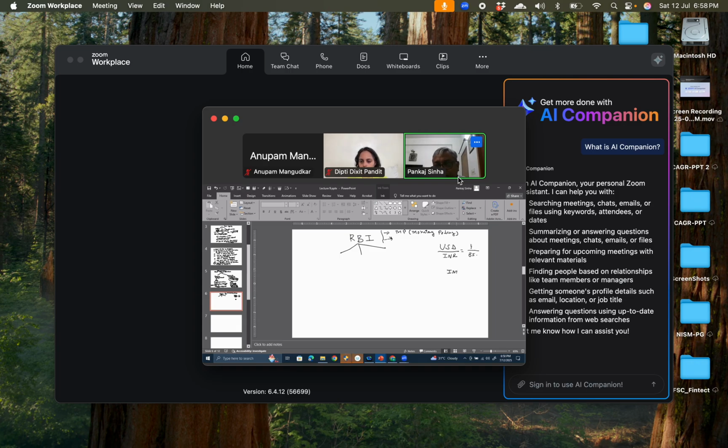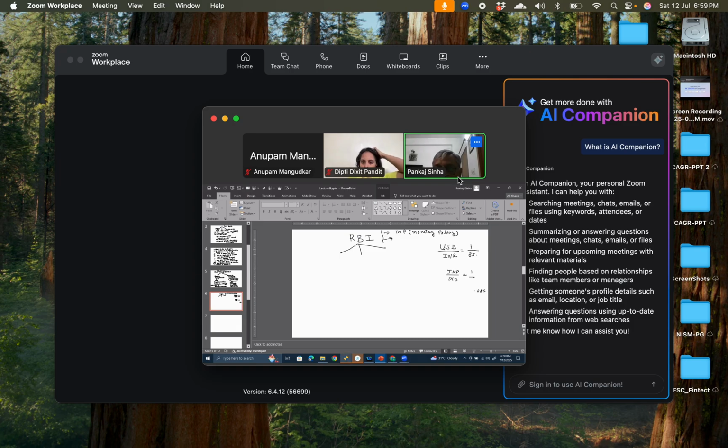Now if I say INR USD, then for 1 rupee, how many USD? You will find it is 0.012, something like that, if you divide 1 by 85. So that will be the rate.